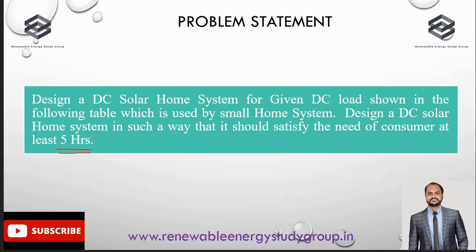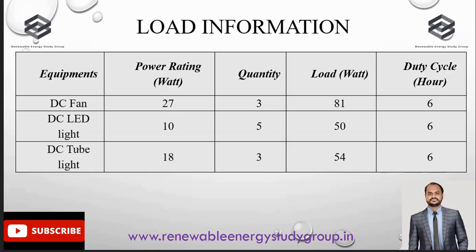For this problem statement, we consider that the given consumer has this much DC equipment he is utilizing, and we have to design the system as per the problem statement and requirement. Whenever we are designing any solar home system, be it a DC home system, we must know how many kinds of equipment the consumer is utilizing.